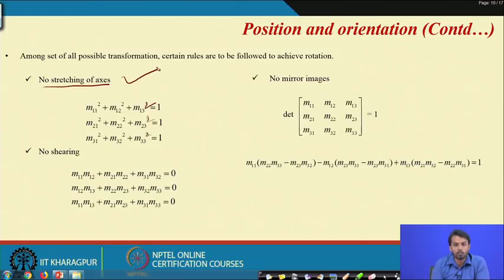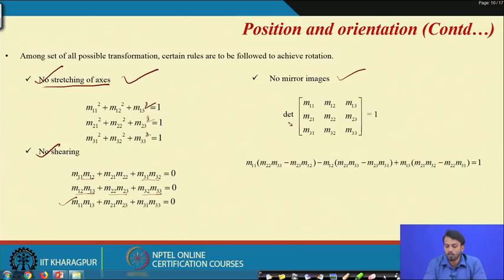Similarly, the model should not be sheared, that means the model should not be distorted. For the shearing property, m11 into m12 plus m21 into m22 plus m31 into m32 is equal to 0. Similarly, m12 into m13 plus m22 into m23 plus m32 into m33 is equal to 0. We can observe the same for the third condition also. So the first one is no stretching of the axis, the second one is no distortion, and the third one is no mirror images.